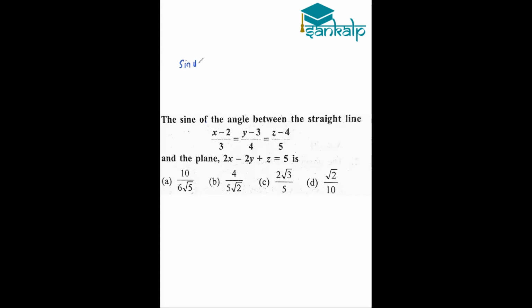sine theta is equal to a1 a2 plus b1 b2 plus c1 c2 divided by the square root of a1 square plus b1 square plus c1 square into the square root of a2 square plus b2 square plus c2 square.